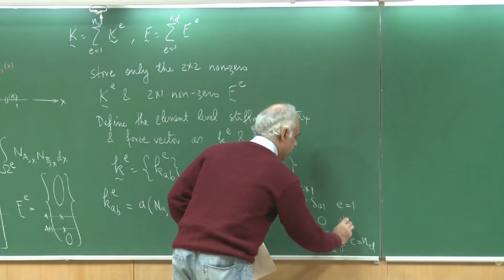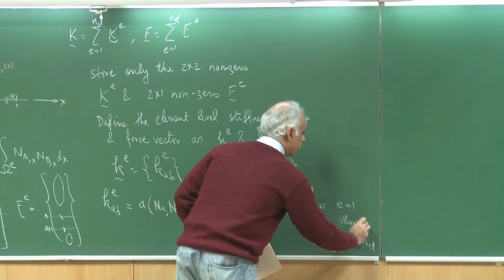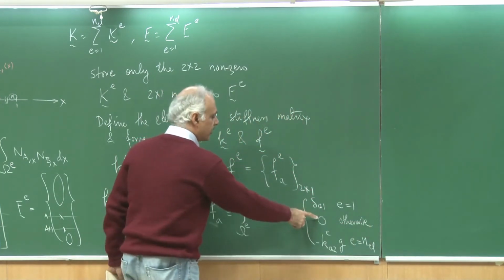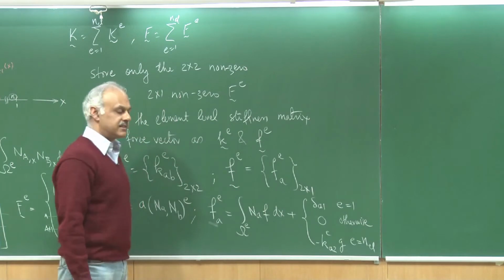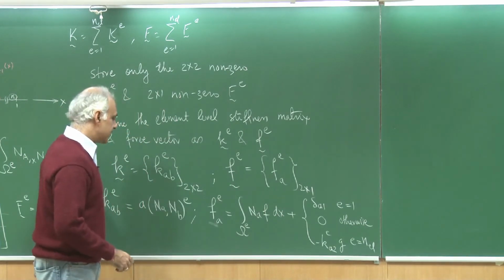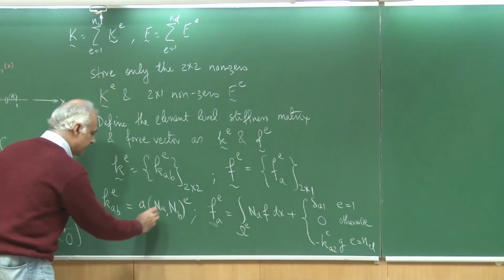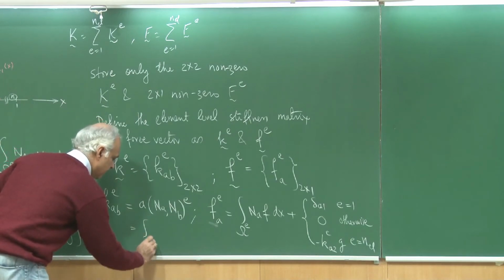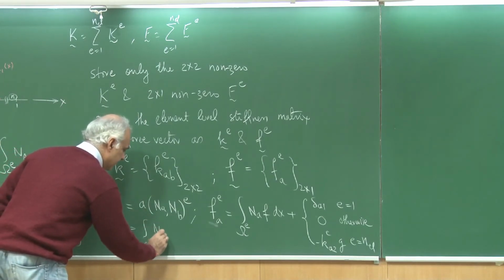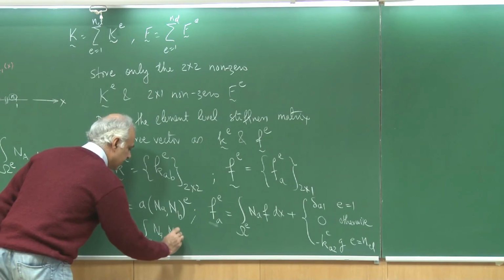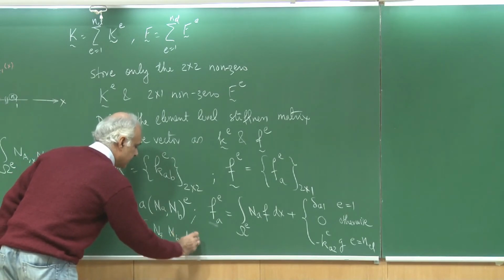Otherwise, we have no contribution. So, the boundary contribution comes only for the boundary elements. So, you can work out these details. And this integral we already know, this is over omega E Na comma x and b comma x dx.